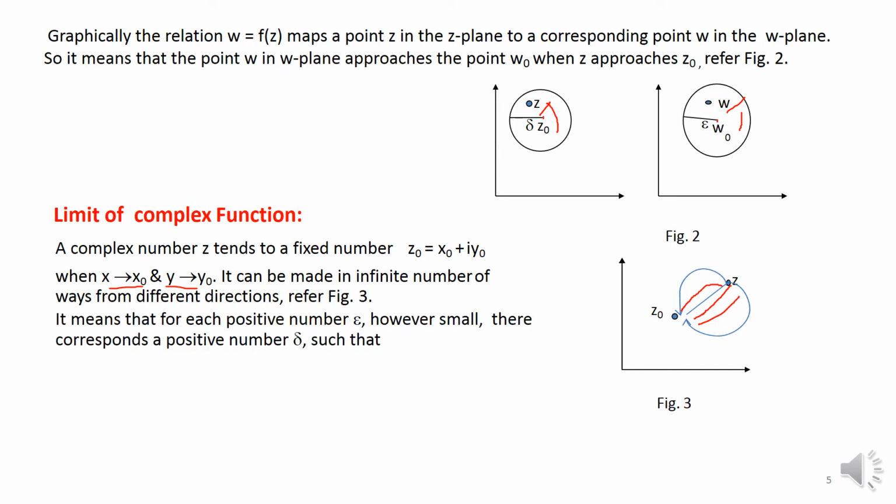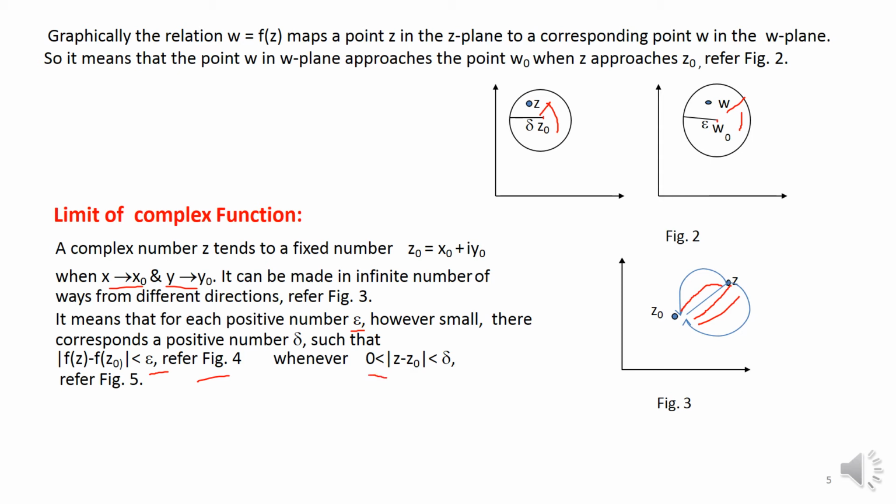Now the limit is that for each positive number epsilon, however small, there corresponds a positive number delta such that |f(z) - f(z0)| is less than epsilon, in figure 4. In the next figure I will show you.